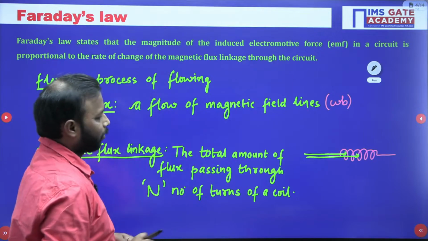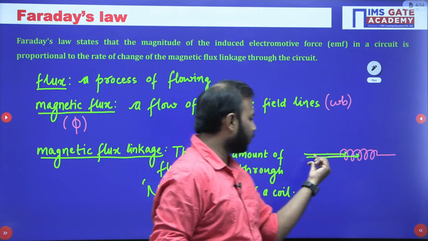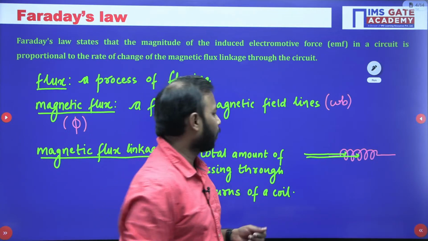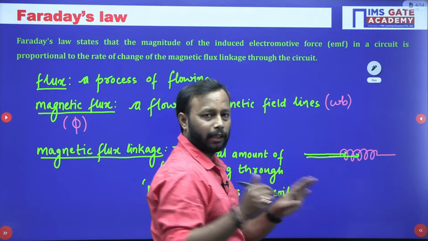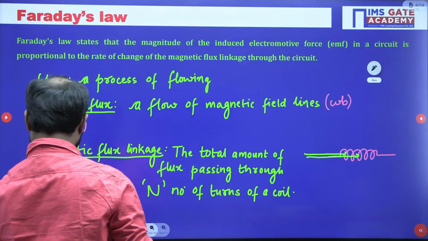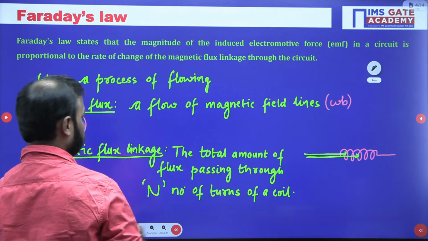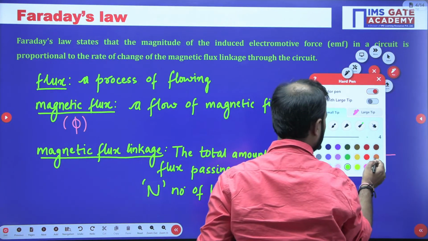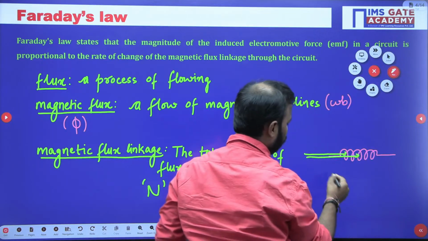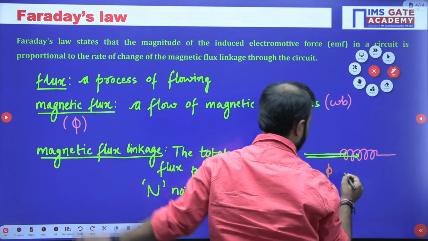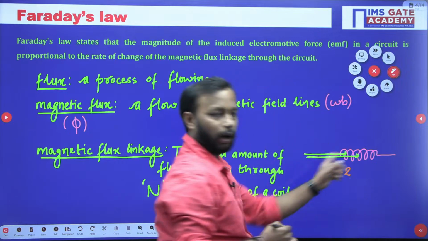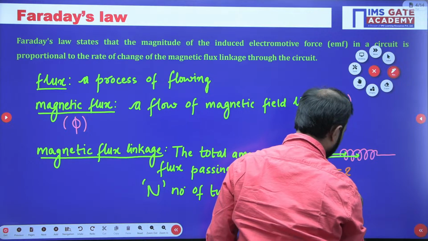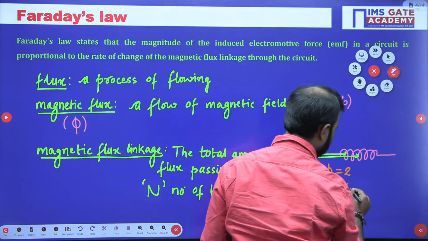So see, as I told you, this is the magnetic flux which is passing through the coil. Let me take a general example here. Suppose a total flux phi, it is passing 2, and let me take the total number of turns N as 3.